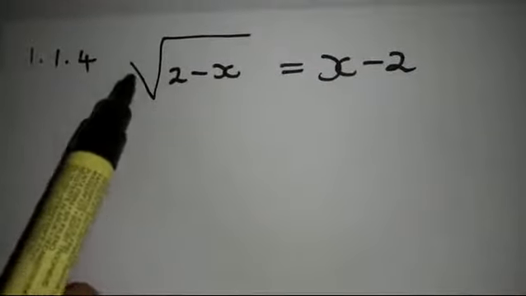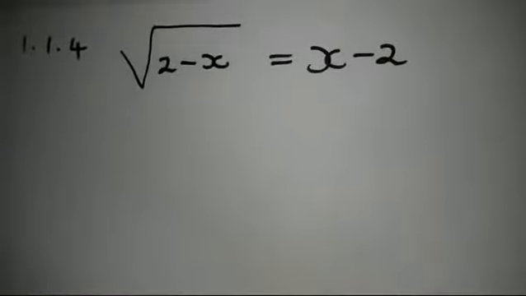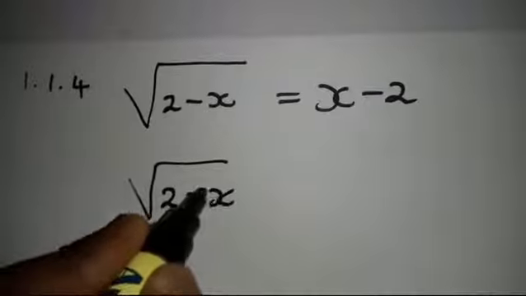Since there's a square root on one side, we square both sides to get rid of the square root.